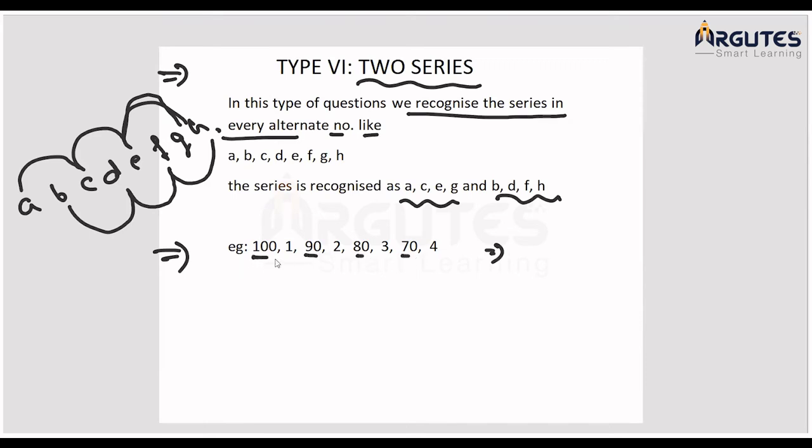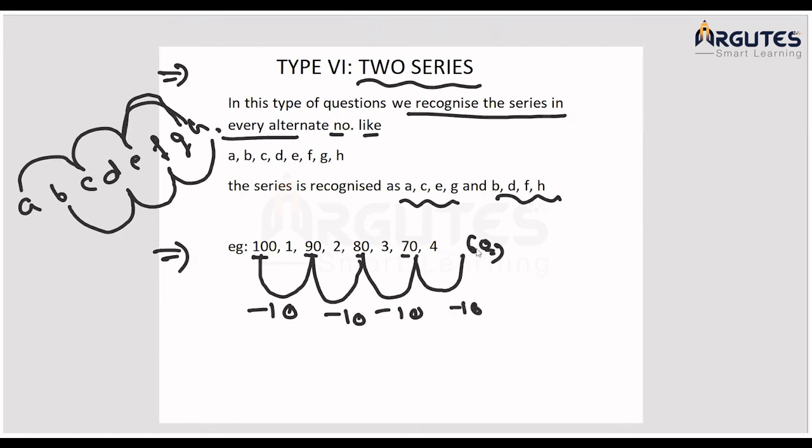So try to find the logic in the alternate numbers. 100 and 90 minus 10, then 90 and 80 minus 10, then 80 and 70 minus 10, then the next number will be 70 minus 10, that is 60. And here you will find the logic 1 and 2 plus 1, 2 and 3 plus 1, 3 and 4 plus 1, then it will be 4 plus 1, 5. Like this the series keeps on going.